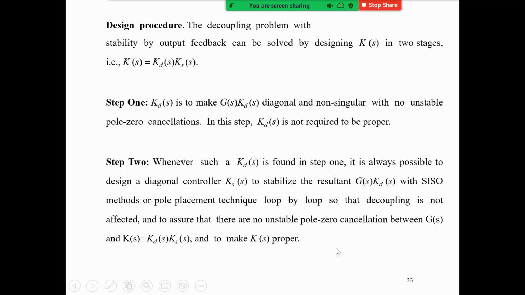The system will be unstable. If the original system G is stable, actually you will not encounter those unstable pole zero cancellations, because all the factors of G are stable ones, right? If there are cancellations, there must be stable factor cancellations. So for a stable system, it is safe to do it, but for an unstable system, you have to be careful.